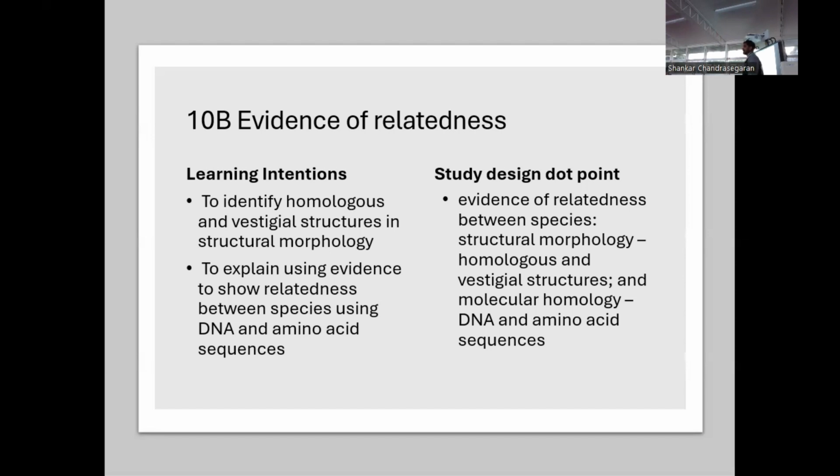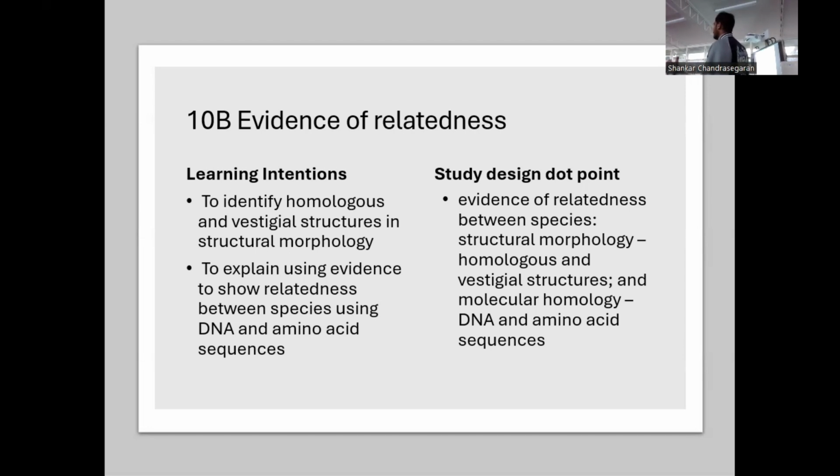So essentially, what are features that different species, maybe even birds and humans, have that we can relate back to a common ancestor that we had many millions of years ago, right? And the second part is molecular homology. That's basically looking at the DNA makeup or the amino acid makeup of different species to see what the similarities between them are, and how we can study that to relate it back to relatedness.